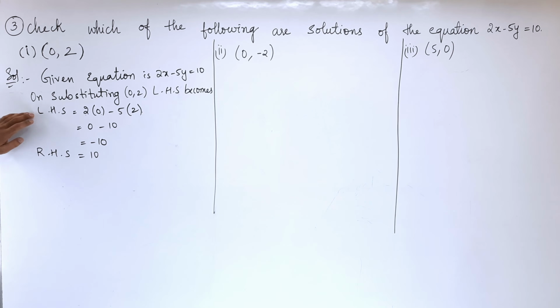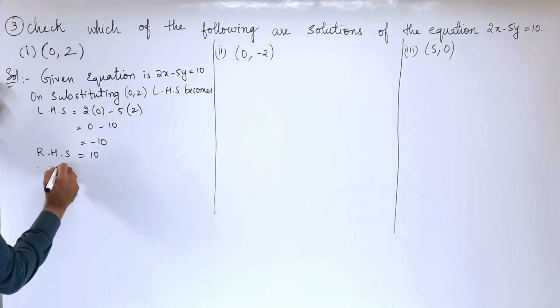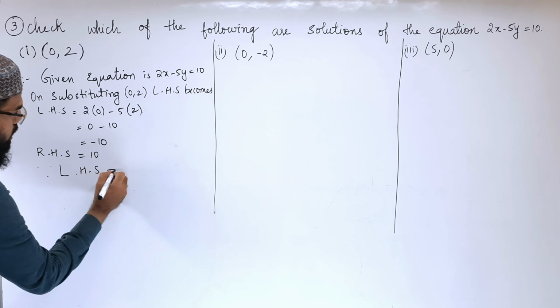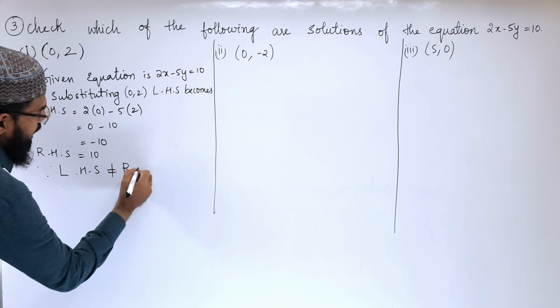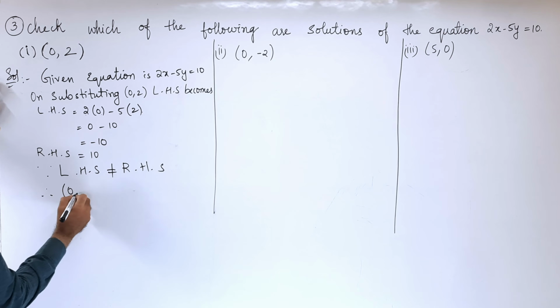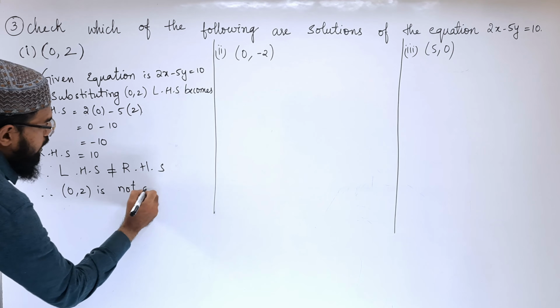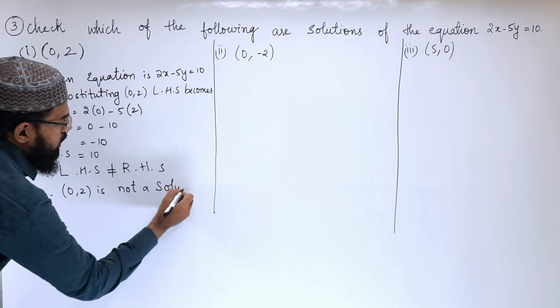So since LHS is minus 10 and RHS is 10, LHS is not equal to RHS, so therefore we can say (0, 2) is not a solution.